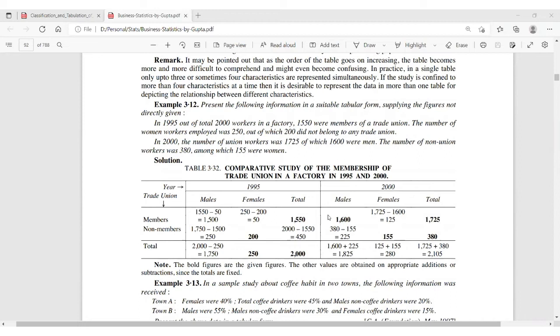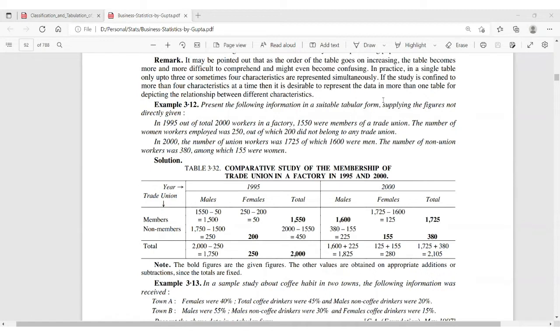Present the following information in suitable tabular form. In 1995, there were a total of 2,000 workers, of which members of the trade unions were counted.